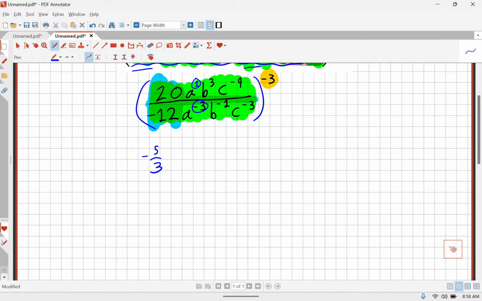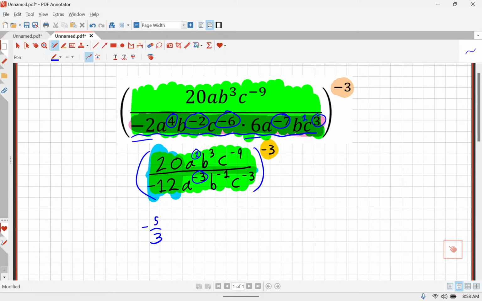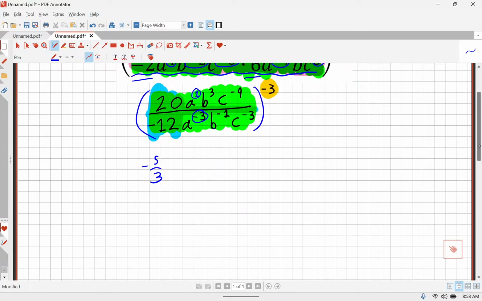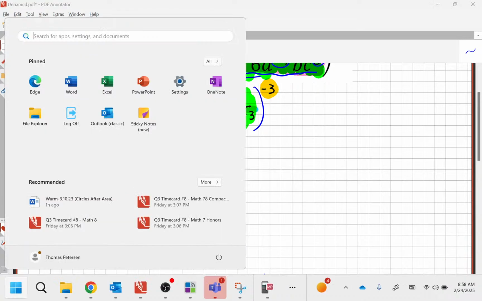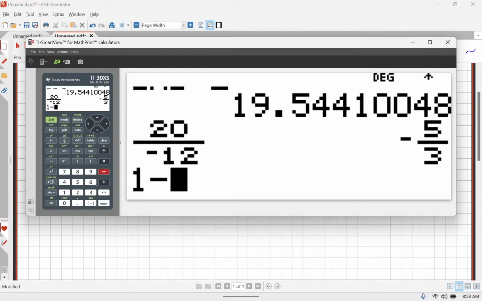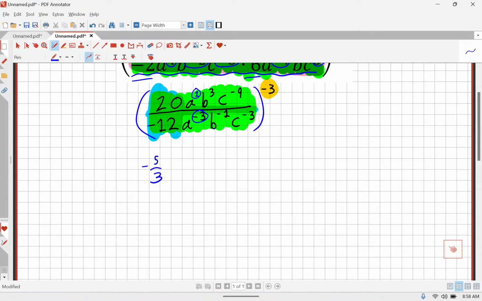So, Reese, did you see how when Josh did this gray part, when we multiplied powers with the same base, we added their exponents? Now we're doing the opposite. So if we multiply powers of the same base, we add their exponents. So the opposite of multiplication is division, and the opposite of addition is what? So we're going to subtract. We're going to do 1 minus negative 3. And again, there is no shame in just jamming that in your calculator and being like, 4?